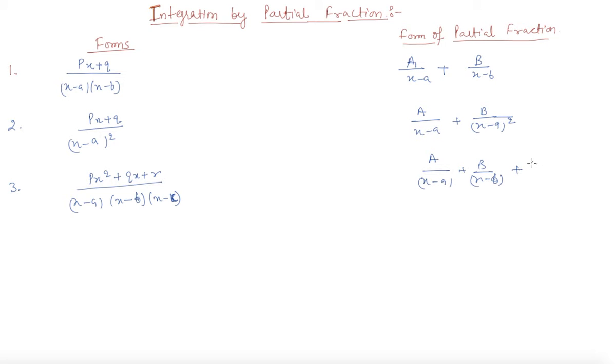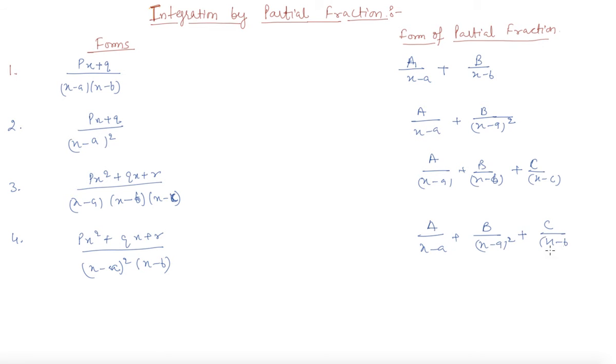And the fourth form is px square plus qx plus r over x minus a square into x minus b. So for this form we need to write it as A over x minus a plus B over x minus a whole square plus C over x minus b.